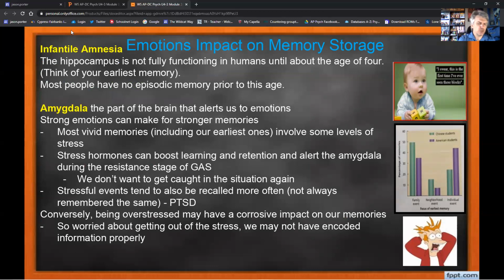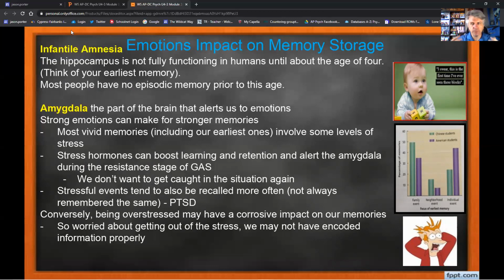Emotions can have a huge impact on how we put memories away. We talk in class about trying to remember the first memory that you ever had, the first earliest episodic memory you ever had. And usually when I ask this, people talk about, I was at a party, I was in school, I fell and I got hurt, I broke my arm, I fell off whatever, I went to the hospital, and my parents yelled at me.